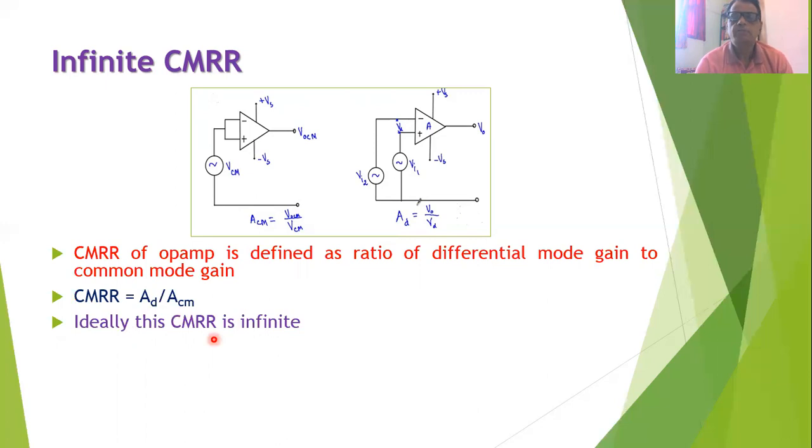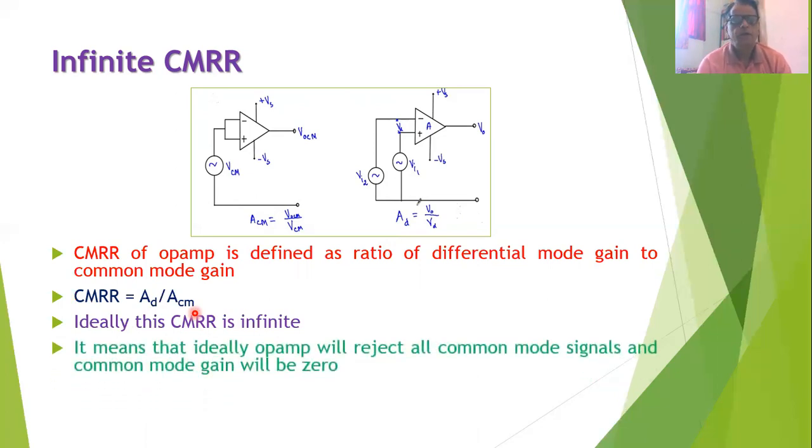Ideally, the CMRR must be infinite. That is, the common mode gain of the operational amplifier must be equal to 0. It means that ideally the operational amplifier will reject all common mode signals, and the common mode gain will be equal to 0. But practically it is not possible to have the common mode gain equal to 0.